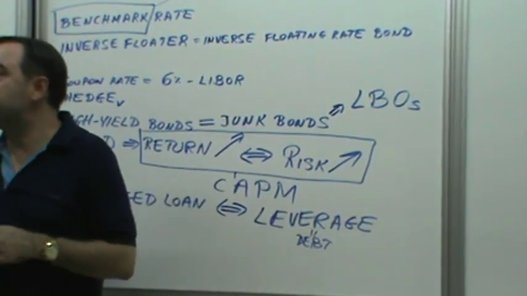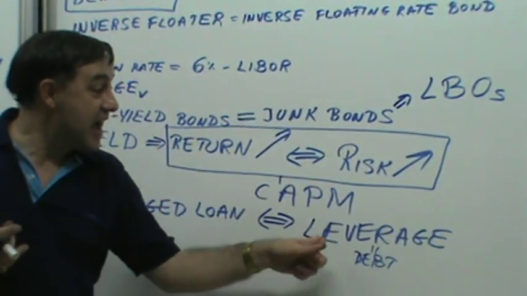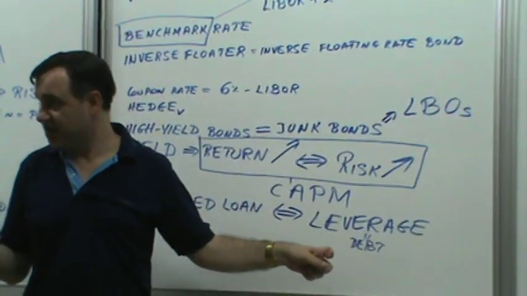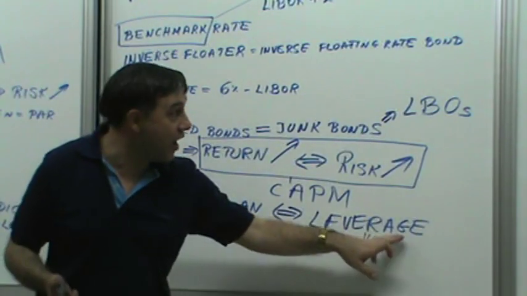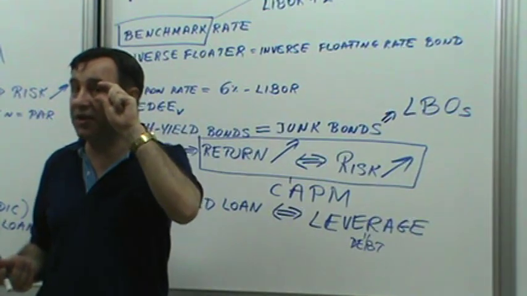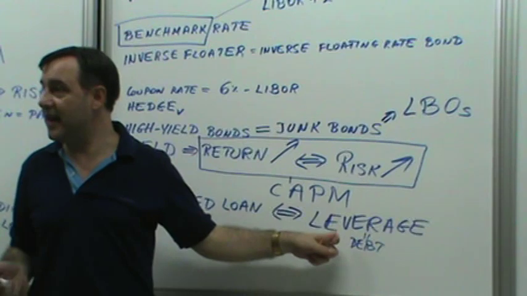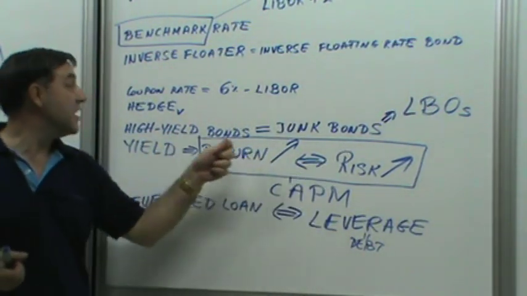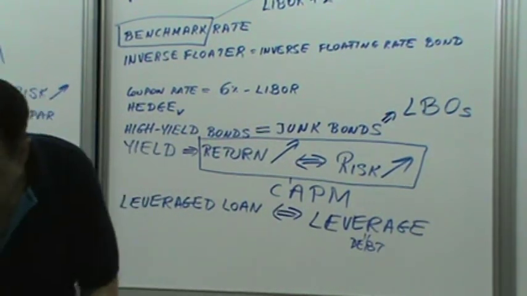And one of the most basic relationships studied in corporate finance is that higher leverage means higher risk. So leverage effectively implies risk. And that's why LBOs, which are leveraged, allow very little equity and use an awful lot of debt, and therefore have very high leverage, and therefore they usually provide high risk and high yield. Okay? So that's for LBOs.